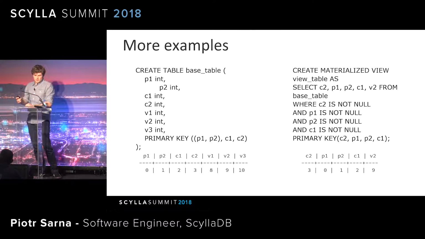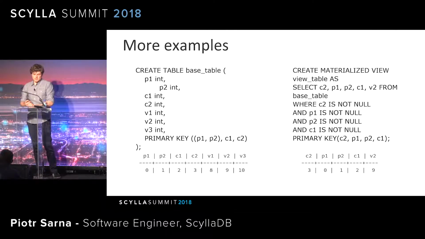Another example, you can see that this not null thing gets kind of irritating if you have really many columns to restrict. But here we have yet another more complicated schema. We have a compound partition key, a compound clustering key, and some values.